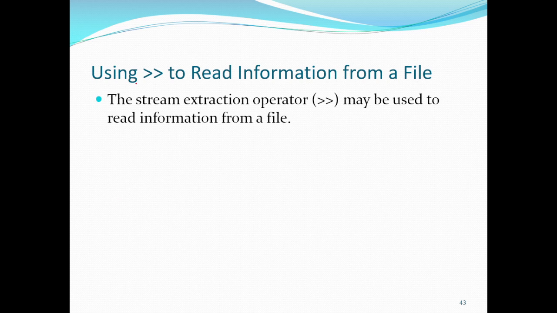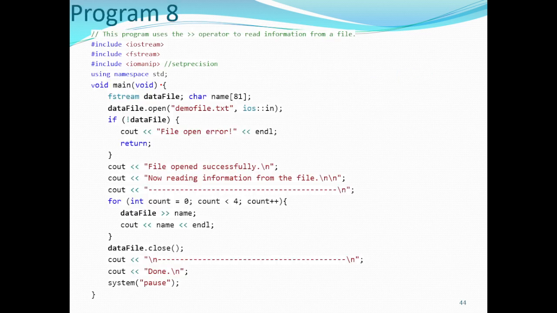Okay, this operator, as you remember, is basically reading characters from the source or stream. So let's say we open a file, check whether there is a failure or not, and then print messages to the screen. And in here, what happens?